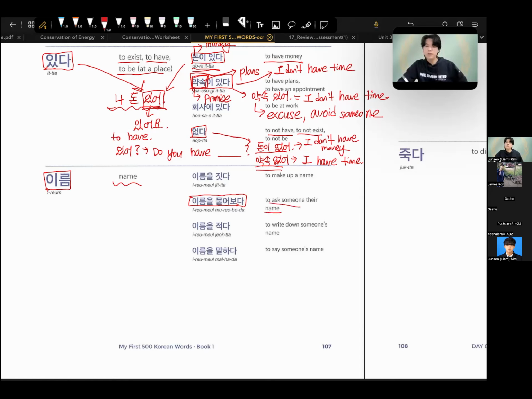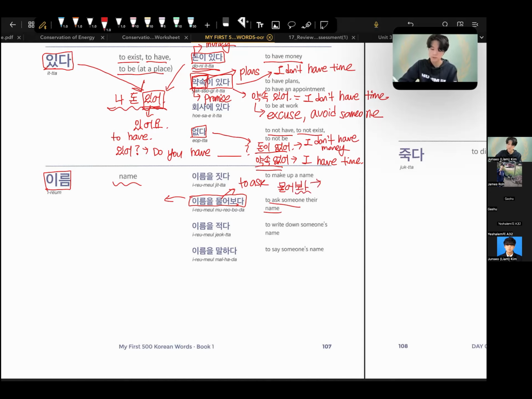So when you meet someone for the first time, you 이름을 물어보다 to that person to know what their name is, right? 물어보다 means to ask. But then usually people say 물어봐. In real life, people say 물어봐.